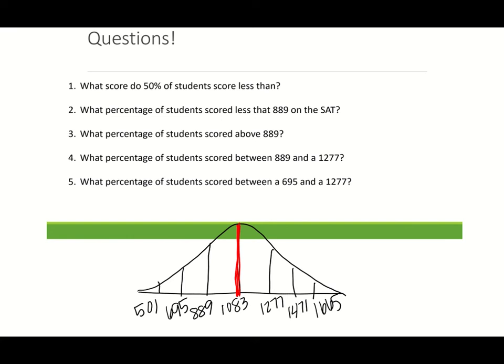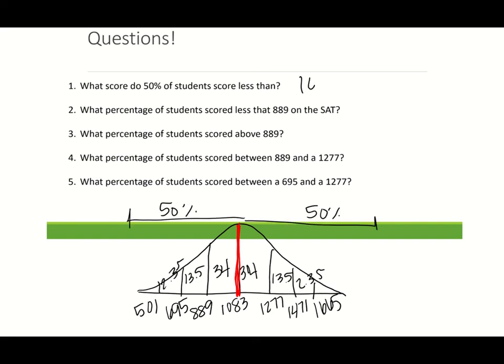All right, so question 1, what score do 50% of students score less than? Well, 50% of students score less than the mean, so we would have 1083. What percentage of students scored less than 889? So if I find 889, there's kind of 2 ways I can do this.